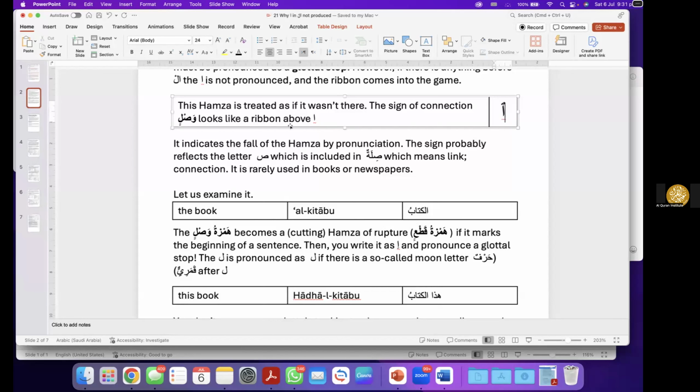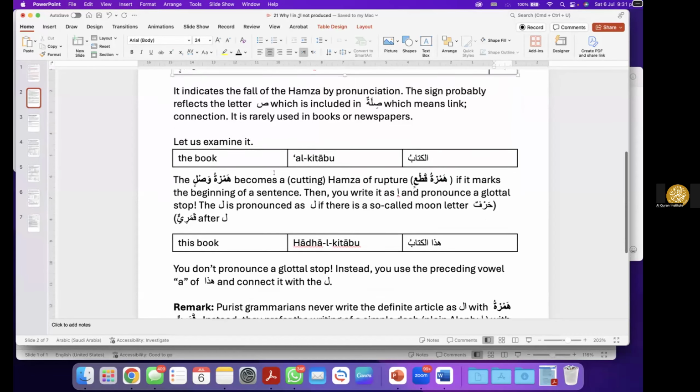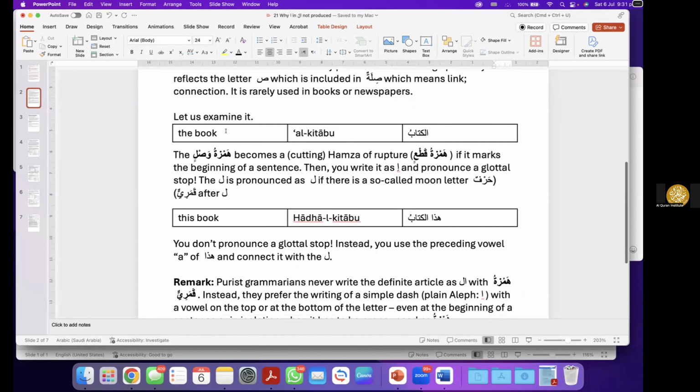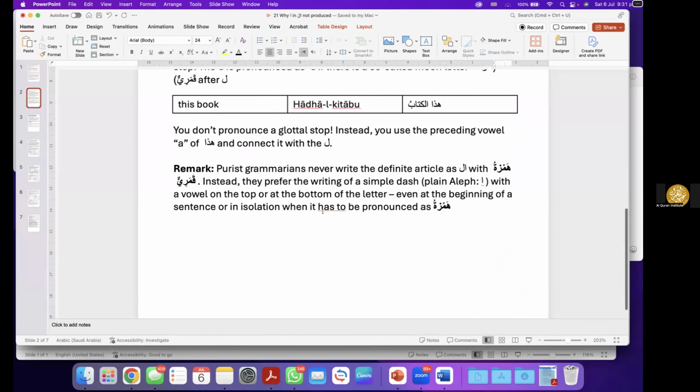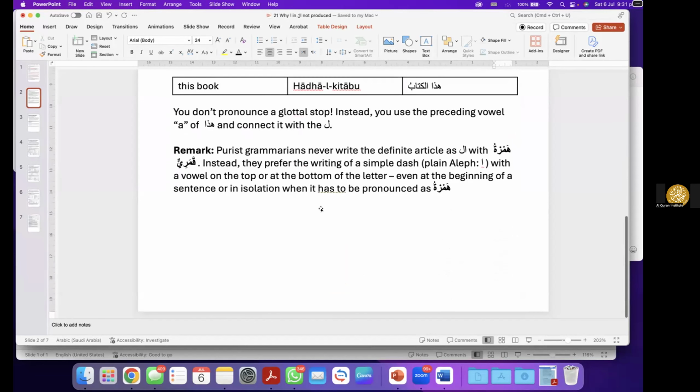It indicates the fall of Hamza in pronunciation. The sign probably reflects the letter; it might appear, it might not appear. And it is okay. Now, Al-Kitabu, the book. Hadha al-kitabu, fine.